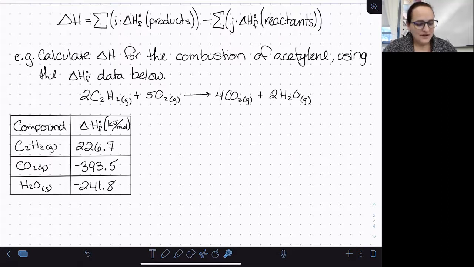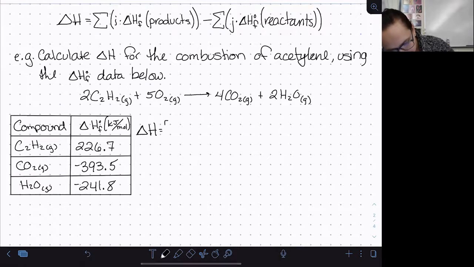So for this one, our products are where we want to start. We've got carbon dioxide and water on the product side. So in calculating our delta H, on the product side, we have 4 carbon dioxide. So we have 4 CO2.